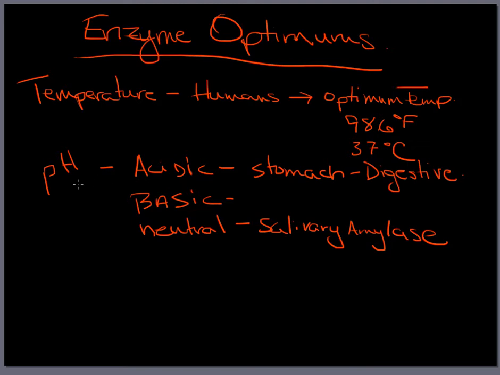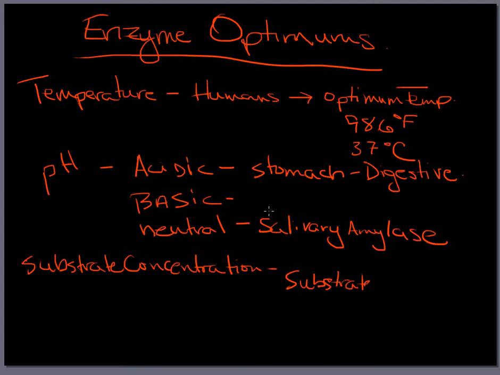There's a couple other things that have an impact on how well an enzyme functions, not necessarily an optimum, but we can look at the substrate concentration and I think you can probably put this together. You know, substrate greater than enzyme, it can only do so much.